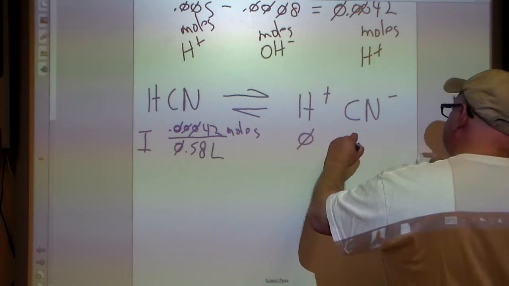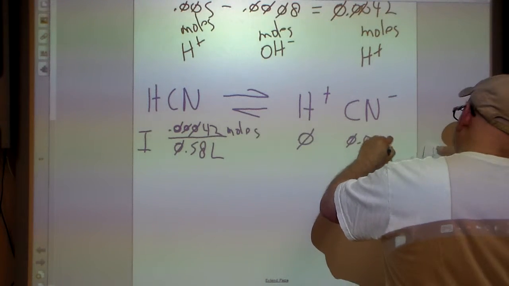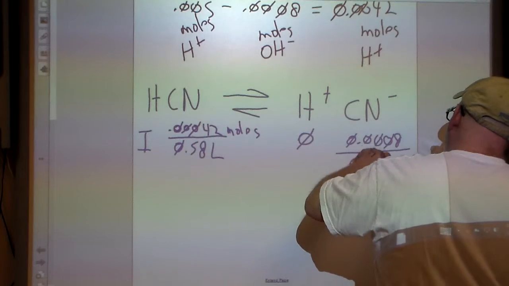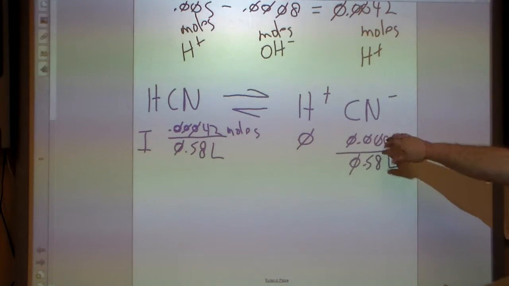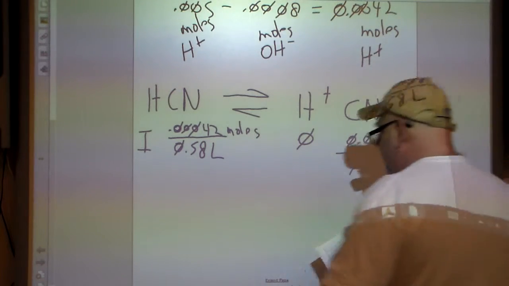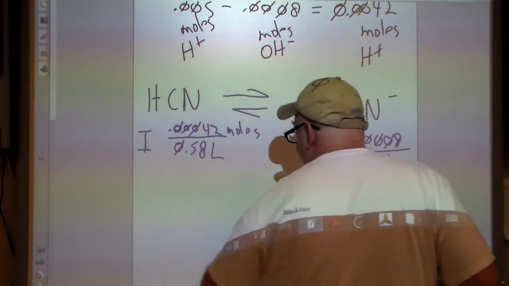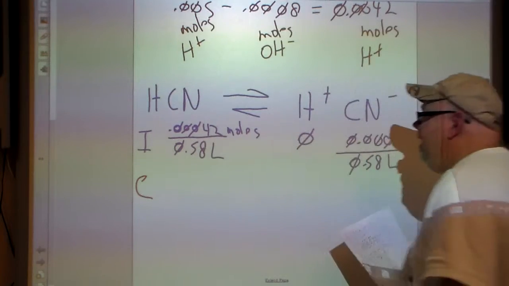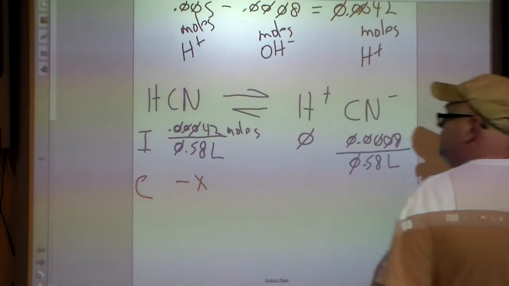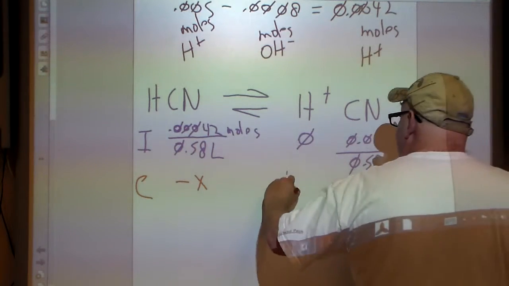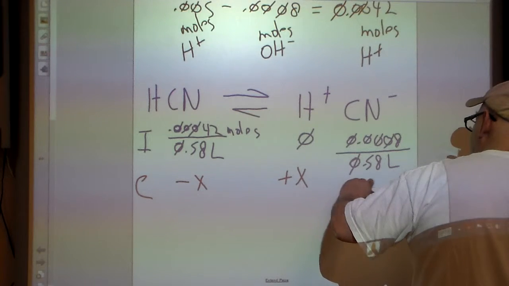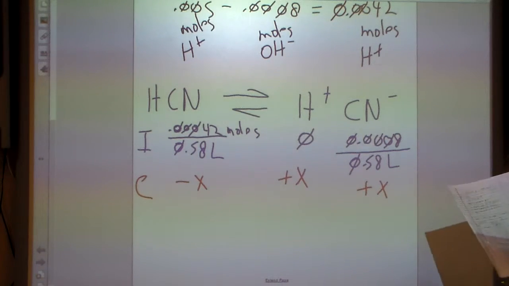We know that it's 0.0008 over 0.58 liters, because that would be how much is left, that it's been taken over. So now we have our first part of the ice table done. Now we have to look at the change. In this case, this is going to decrease. It's going to be a negative X. The H plus is going to be a positive X. Remember, that's where we're going to get our pH. And then here it's also going to be a positive X.